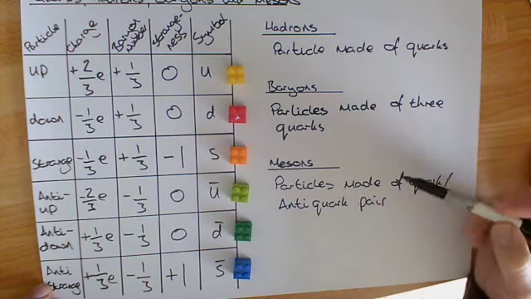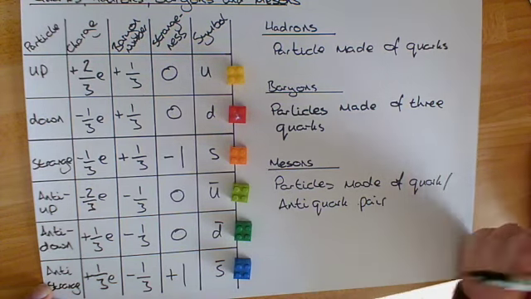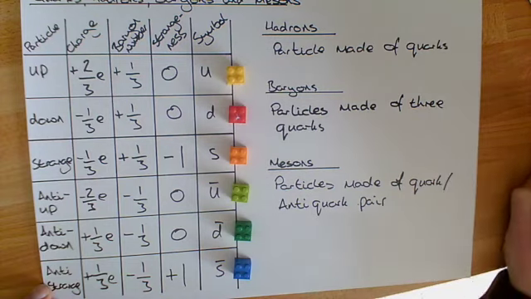Okay, and there's a set of rules which govern how these particles can combine and how they can come together. And that's what I'm going to go on and talk about next.